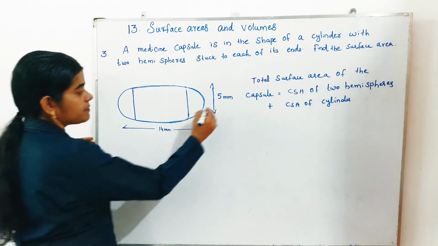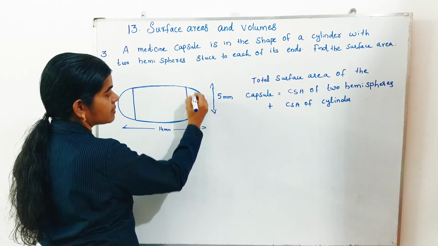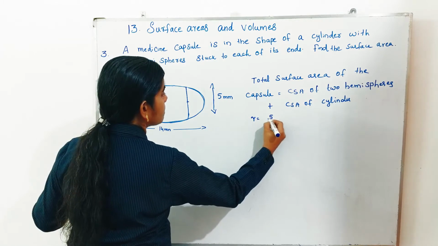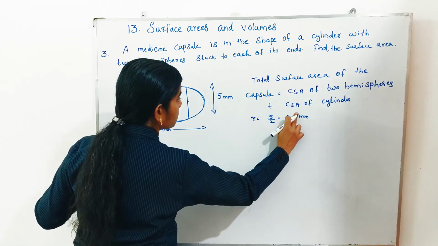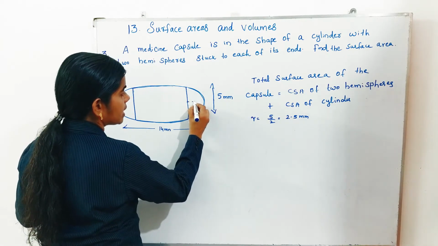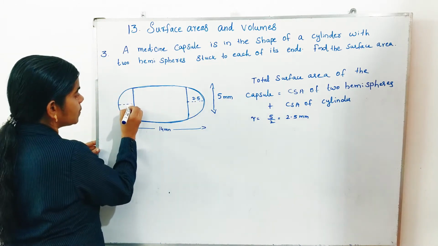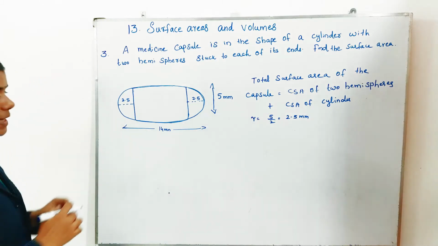Then here 5 mm is the full diameter. Then the radius is equal to 5 by 2, that is equal to 2.5 mm. So here will be 2.5, here also 2.5. Then what will be the height of the cylinder?